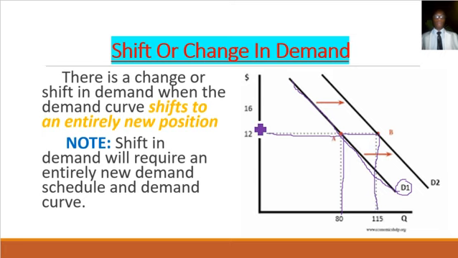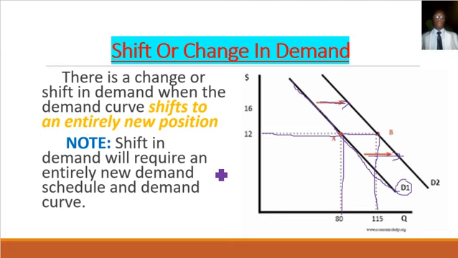Is it because the price fell that this consumer demanded more of the product? The answer is no. So when there is a change in the quantity of a product that you demand and the price does not change, it is known as change in demand. So you can see now the demand curve has shifted outward.